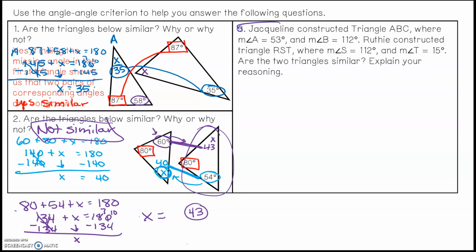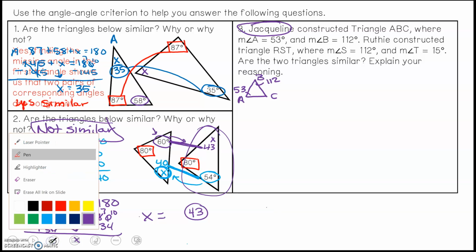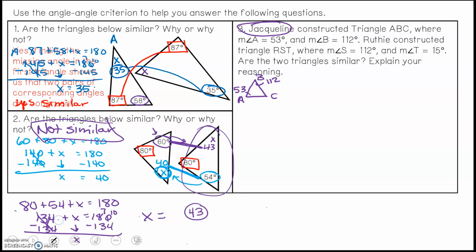Okay, we've got Jackie here who's constructed triangle ABC, where A is 53 degrees and angle B is 112 degrees. And then her friend Ruthie made a triangle, RST, where S is 112 degrees and T is 15 degrees.